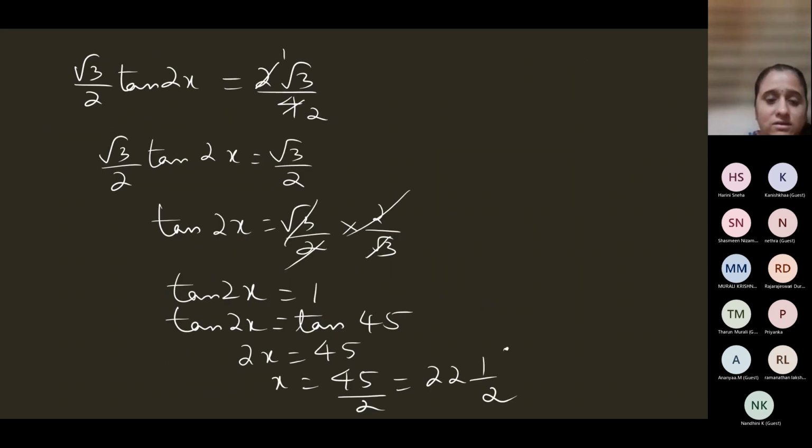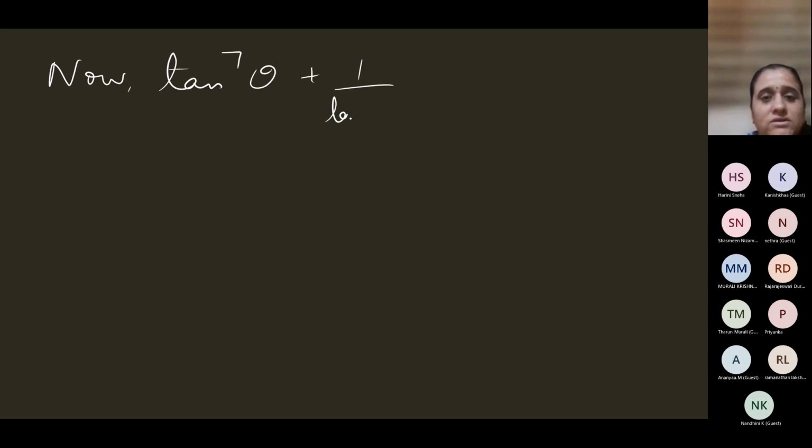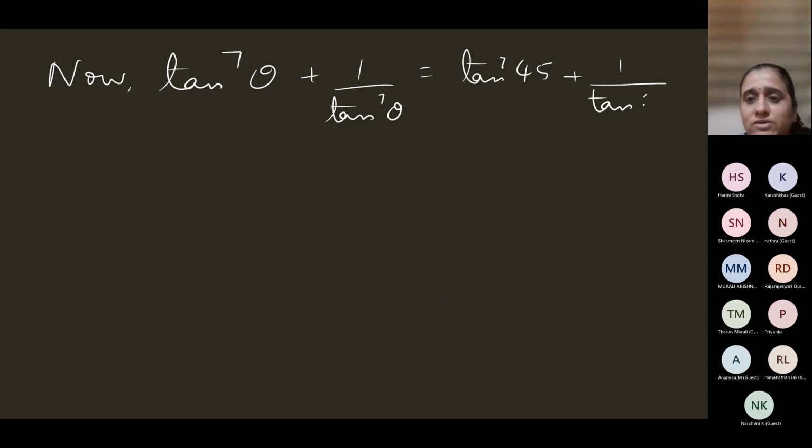Now how will we find tan theta to the power 7 plus 1 by tan theta to the power 7? It is equal to tan 45 degrees to the power 7 plus 1 by tan 45 degrees, because theta is 45, we found it, to the power 7.